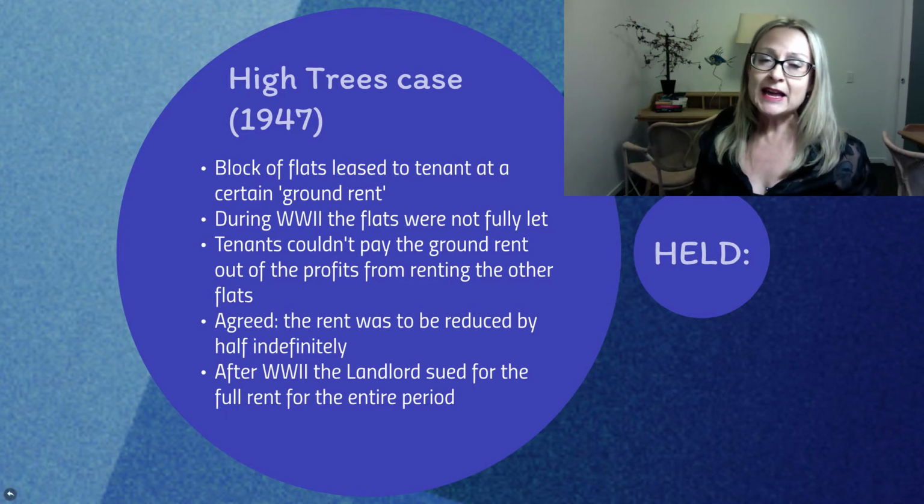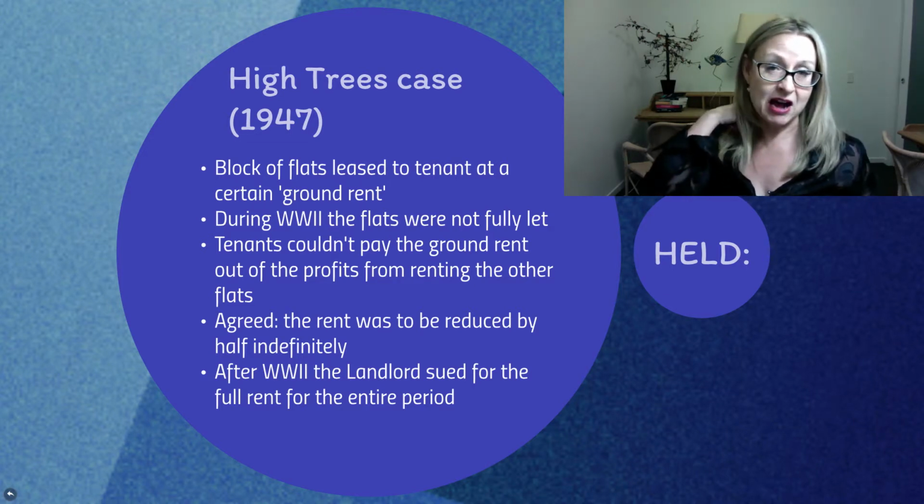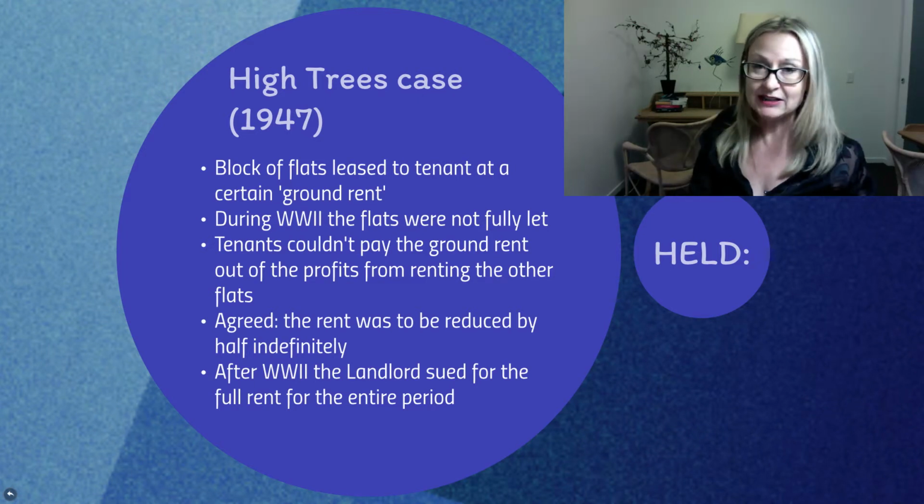When the war did end, of course, the flats became fully let again, and the tenant kept paying its rent but at the reduced price. Subsequently, the landlord sued for what was essentially back pay. They wanted the full amount of the rent for the entire time that half the rent had been paid by the tenant.